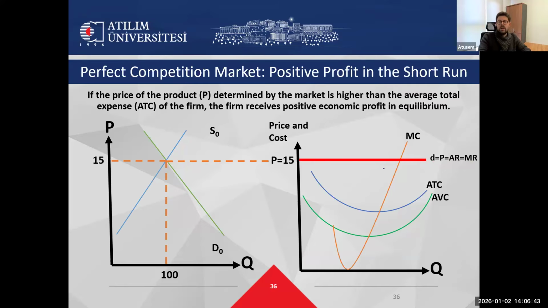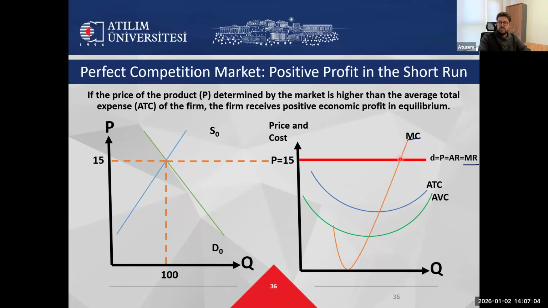Okay. The first step: find the intersection point of marginal cost and marginal revenue. Where is that? The marginal cost line is the orange one, and marginal revenue is the red one.